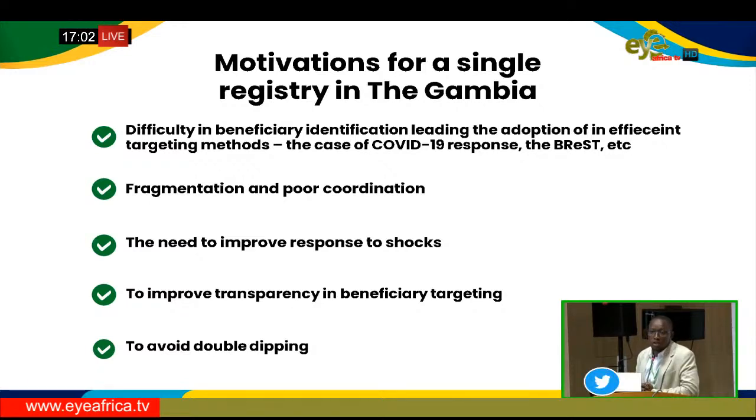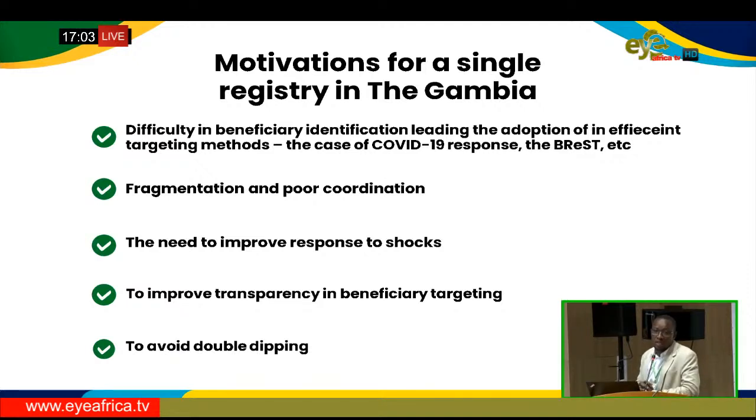Any institution can get up and go and deliver support anywhere. This was often leading to fragmentation, duplication, overlaps, and often leading to inefficiency. And so government thought it's important to set up a database that could help it organize the way we target support.